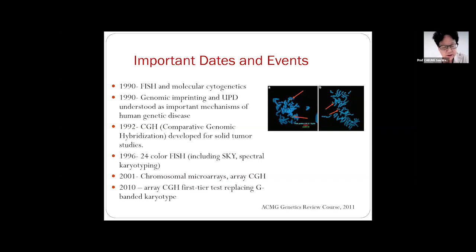I will talk about that in the next section. And in 2010, array CGH became the first-tier test, replacing G-banded chromosome analysis.